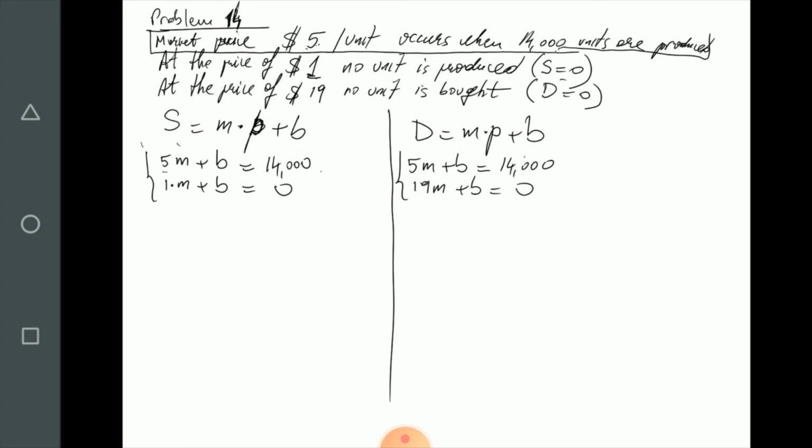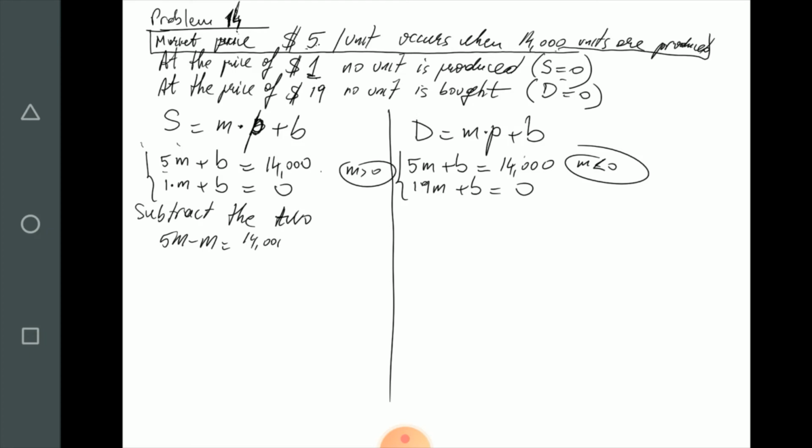So we solve both of them as a system by elimination and find the equation of the supply and the demand. Remember, if I'm correct, the slope that I get for the supply should be positive, and the slope I should get for the demand is negative. We can simply solve them by subtracting the two, because that eliminates B. So I have 5M minus M equals 14,000 minus 0. 4M equals 14,000.